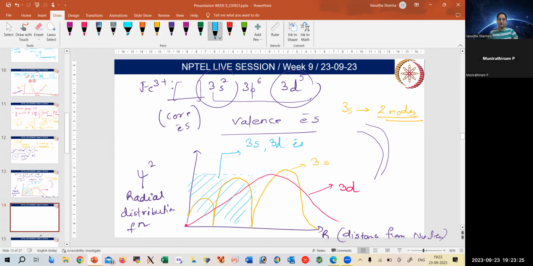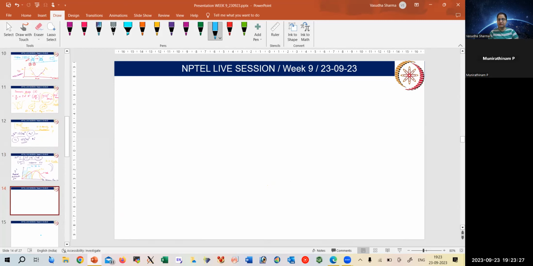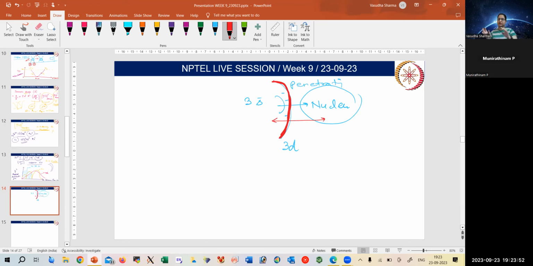For example, this 3s, as we said, only the s electrons can penetrate into the nucleus. So there is a nucleus, there is s electron density, and it is penetrating, as we saw from the graph. But if at all there are 3d electrons over here, as I draw with the red pen, say now 3d has come. So the interaction between s and the nucleus has been decreased, because somewhere in between an obstacle has come.